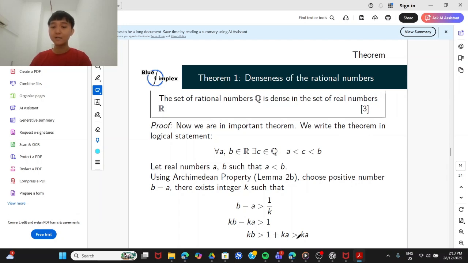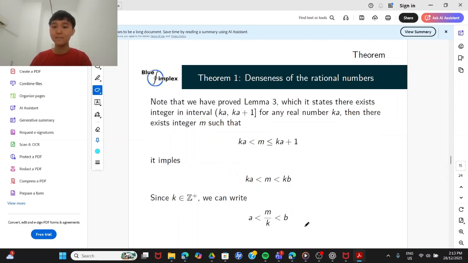And then you notice that I can use Lemma 3 to prove that there exists an integer n inside here. So ka and ka plus 1 have an integer n.